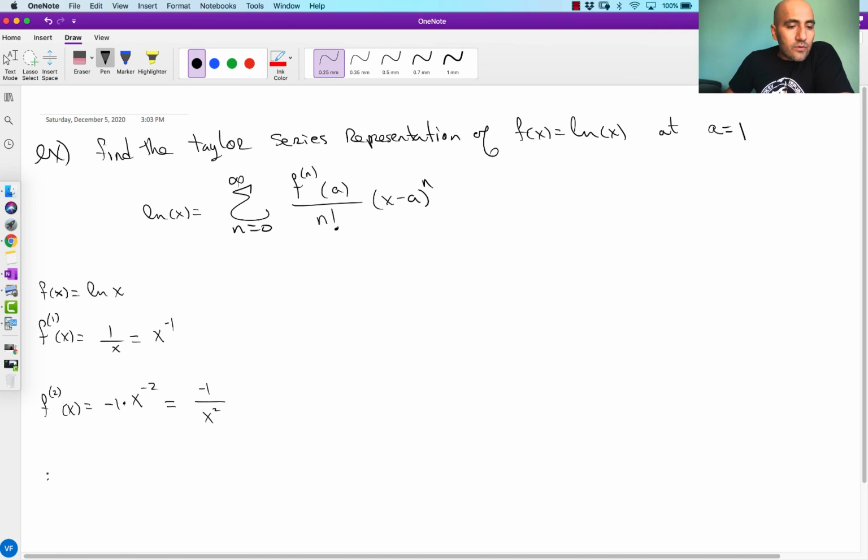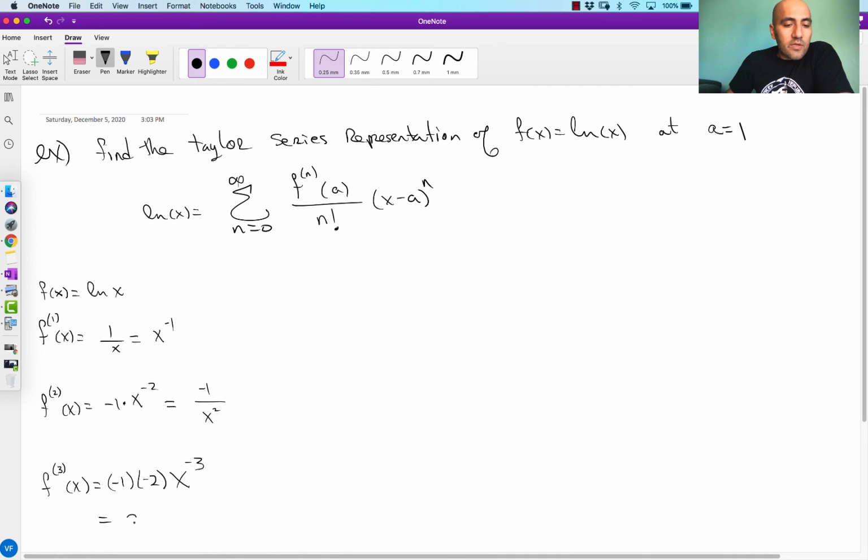And then the next derivative, f of 3 of x is equal to, we'll bring down that guy and it becomes negative 1 times negative 2 x to the negative 3. And so now negative times negative becomes a positive.